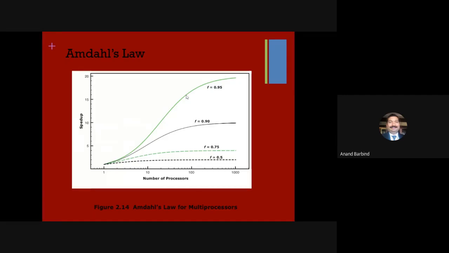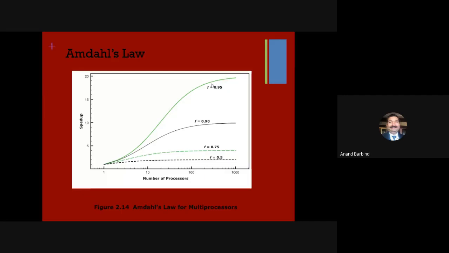Your speed has increased 15 times. So though you are using 100 processors, the speed is not increased 100 times, it is increased 15 times. Now after that, even if you go on increasing your processors, the speed is not going to increase.